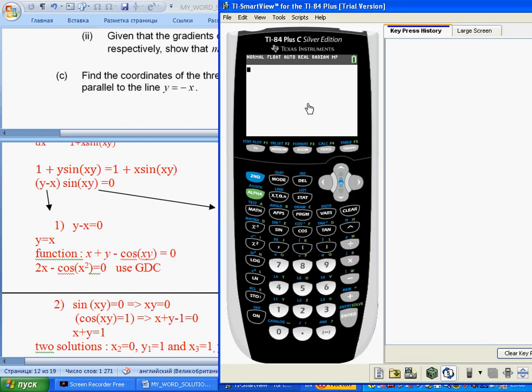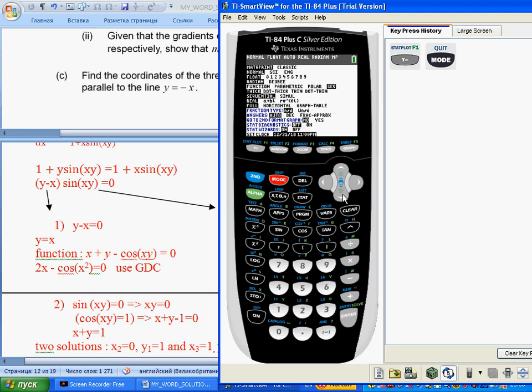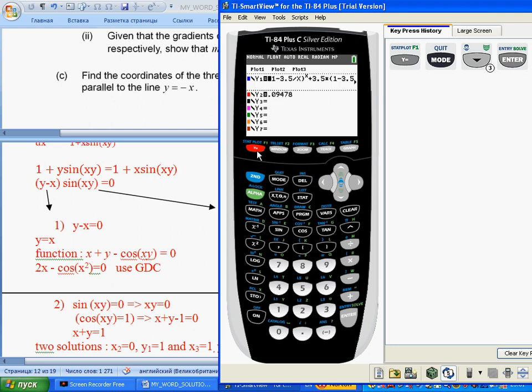So this can be done by different methods. For example, we can use graphing. So let's go. First of all, we should return back to the function. Press enter. Okay. So now clear, this clear, and this clear.